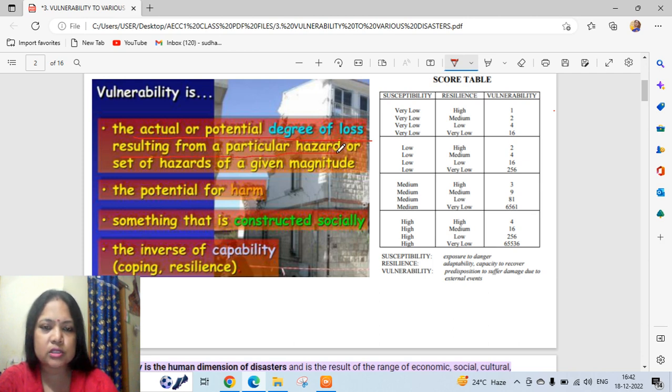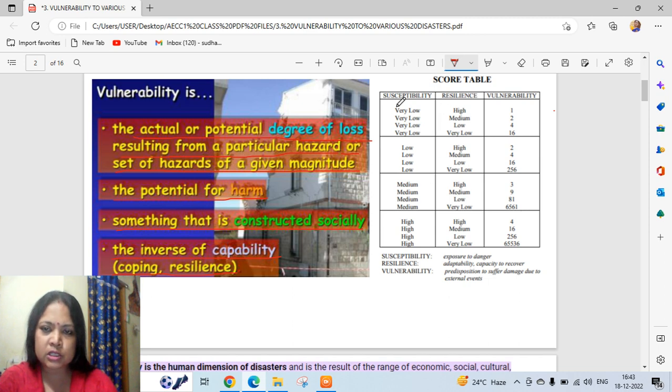A hazard is something which creates damage to our life and property. We can also define it as the set of hazards of a given magnitude. So vulnerability is the potential for harm, something that is constructed socially. It is the inverse of capability, that is coping or resilience. What resilience is and what coping is was already discussed in the first class.